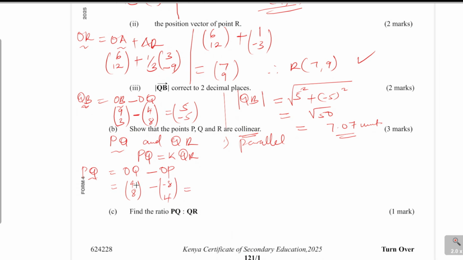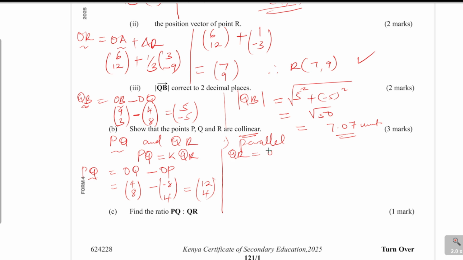Like that. So when you subtract these, 4 subtract -8, you get 12, and then 8 subtract 4, you get 4. So that is PQ.